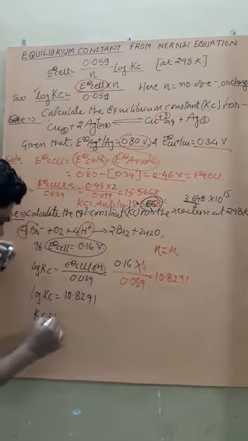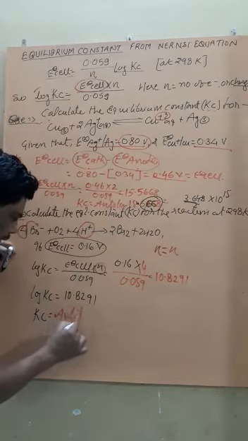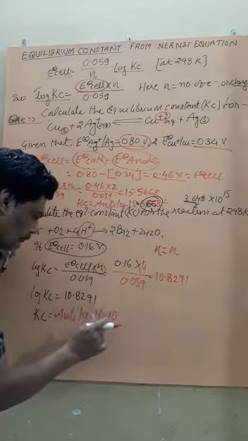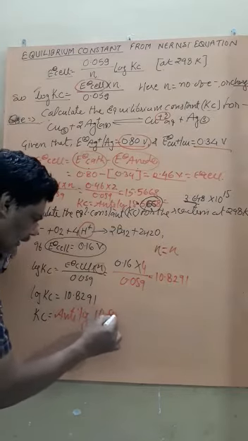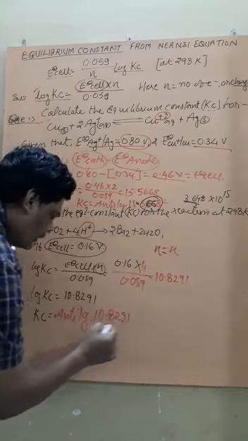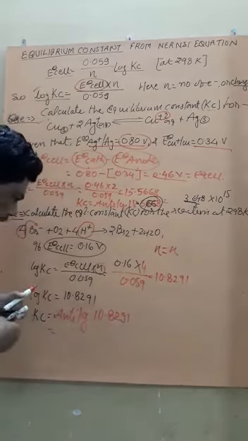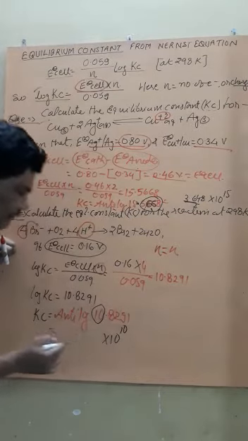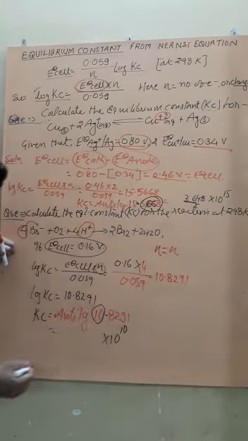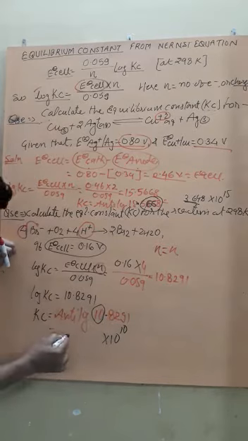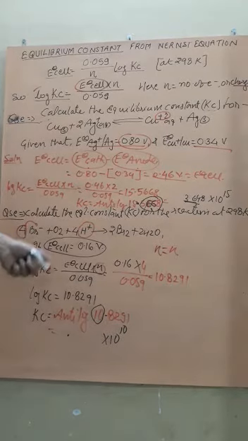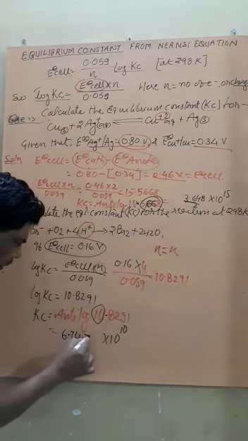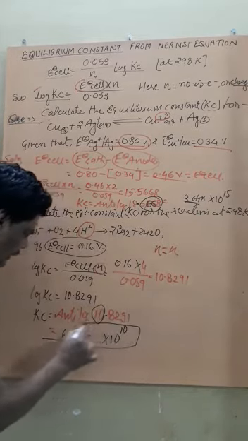So Kc is equal to the antilog of 10.8291. The 10 is there, so it is 10 to the power of 10. Now for 0.8291, you place the decimal, and whatever value we get will be 6.747. So this will be your answer.